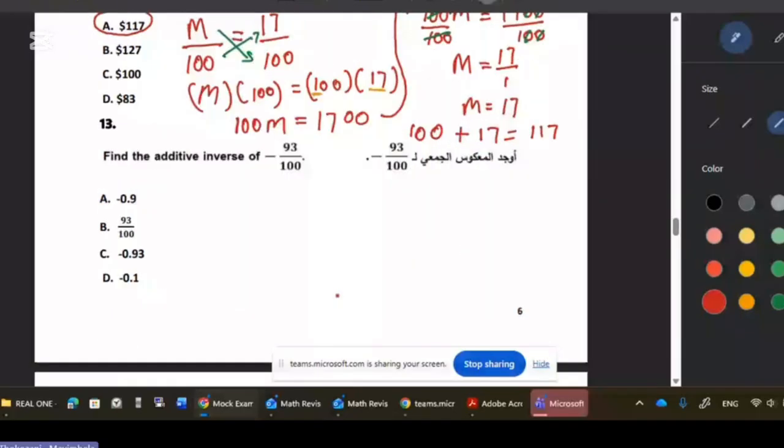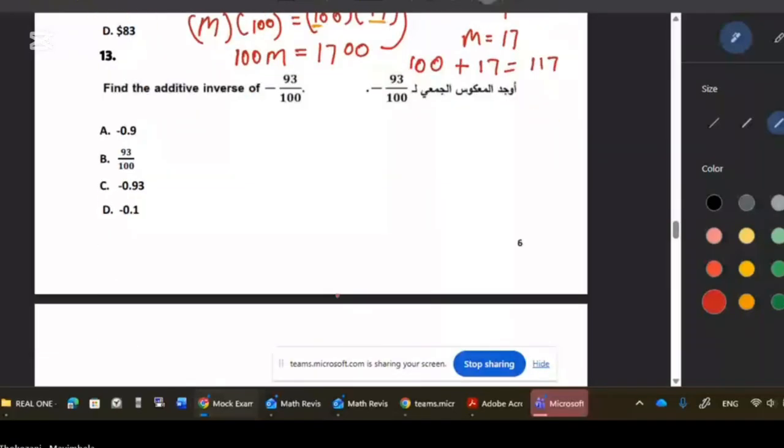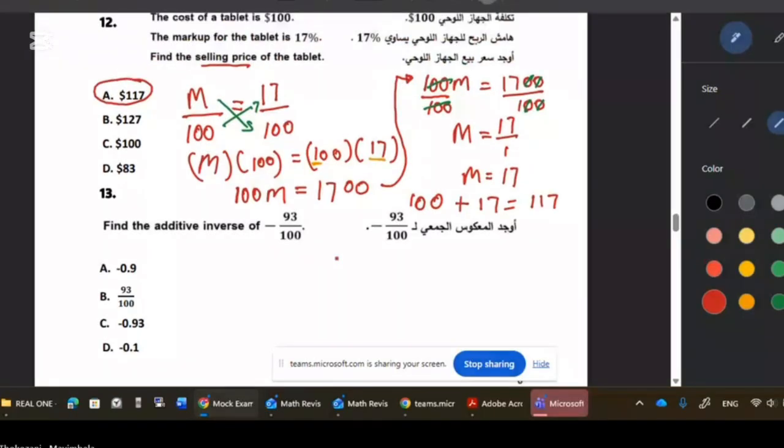Mister, you will put this in the LMS? Mister, I don't understand. Which part you don't understand? I can explain again here. Number 12.